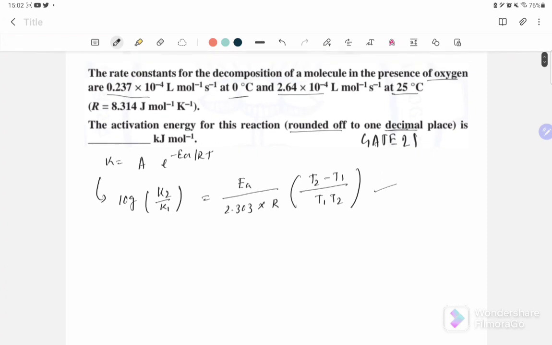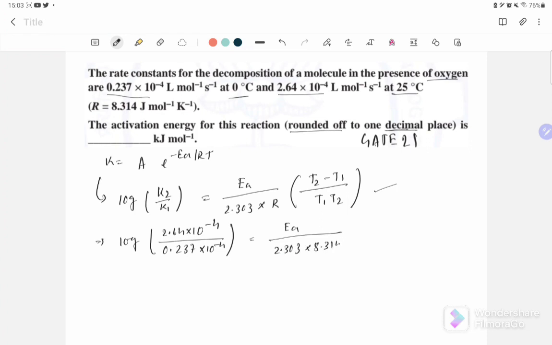Our K2 here: log of K2, 2.64 into 10 to the power minus 4, by K1, 0.237 into 10 to the power minus 4, is equal to EA by 2.303 into 8.314, times T2 minus T1.